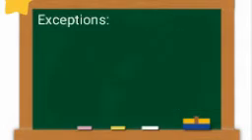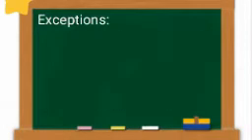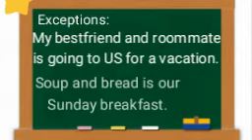Exemptions to this rule. If the subject has two singular nouns connected by and, and both are about the same person or thing, then the verb remains singular. Examples: my best friend and roommate is going to US for a vacation. Soup and bread is our Sunday breakfast.